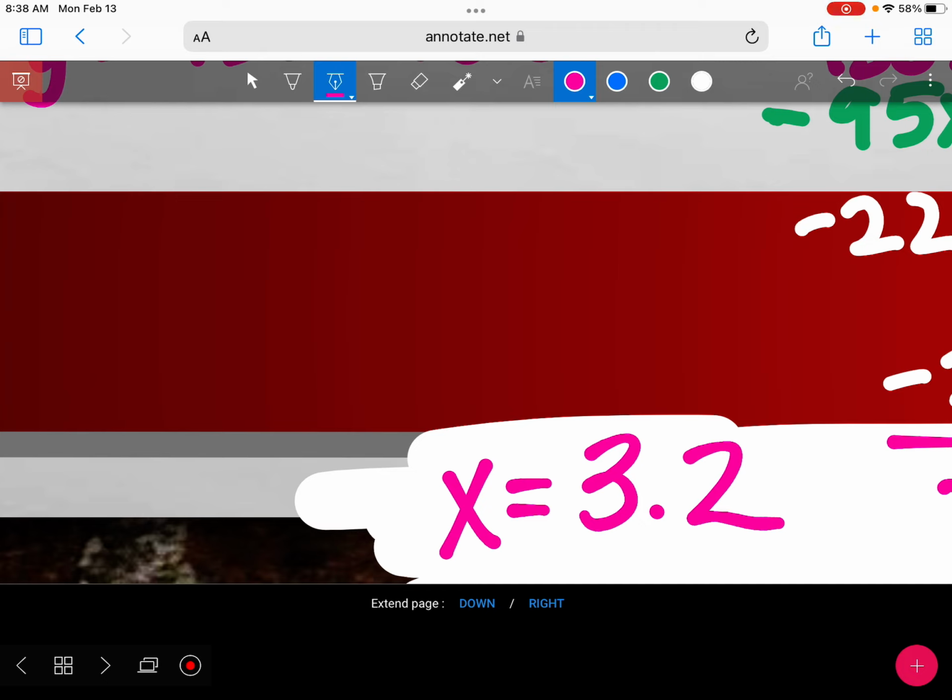So, knowing that x equals 3.2, what is that number represented again? The equilibrium. That's where our lines cross or intersect, right? So at $3.20, our lines intersect. That's our equilibrium, when our supply and demand are at their best, basically.